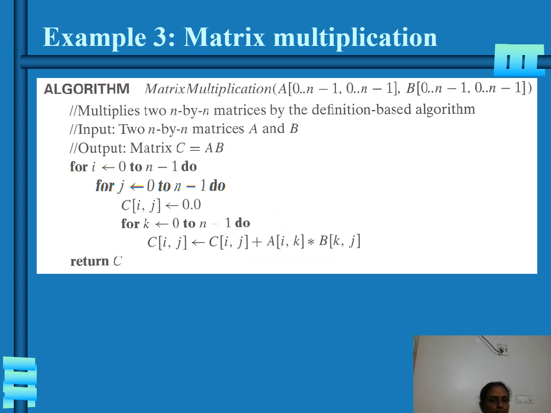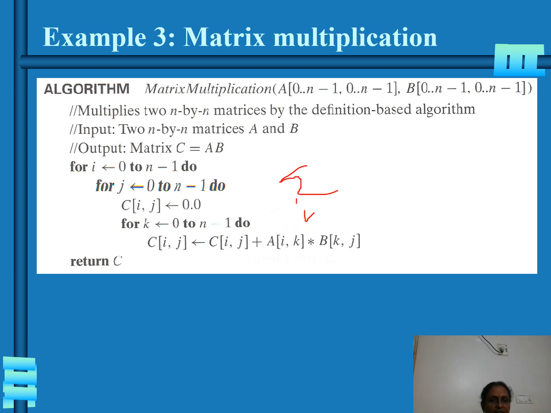So it's very simple to find the efficiency. Because the basic operation is multiplication, you have to set up a summation of how many times the basic operation is performed. Here you have 3 for loops, so you have to set up 3 summations.